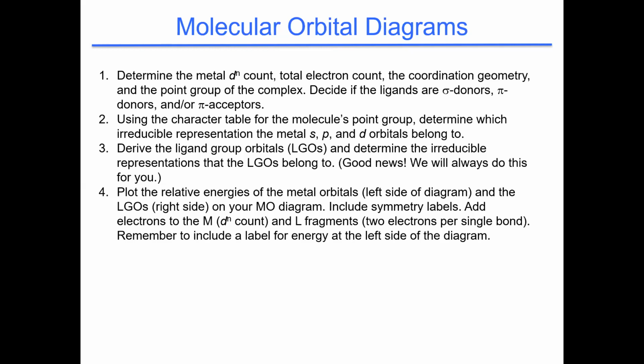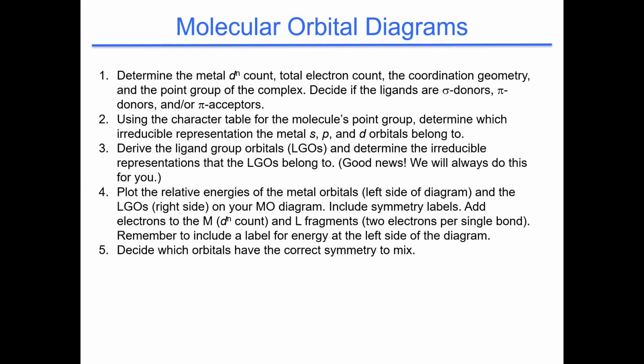Then add in the appropriate number of electrons for the metal and the ligand fragments. And just remember to label the energy at the left side of the diagram. So always label the arrow with energy.